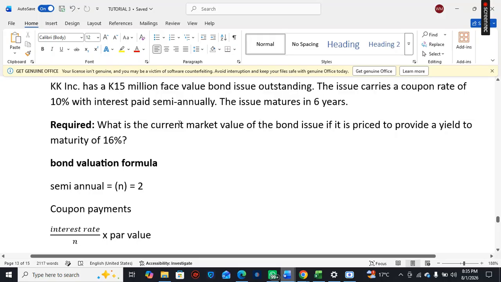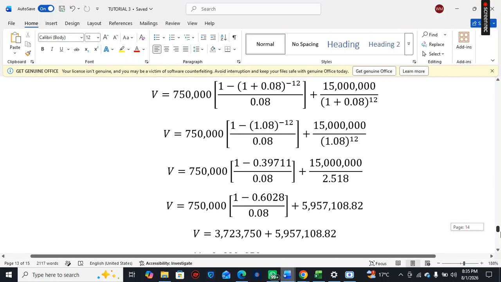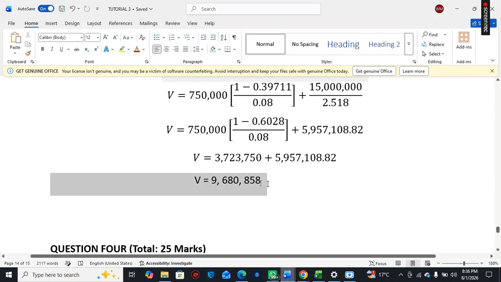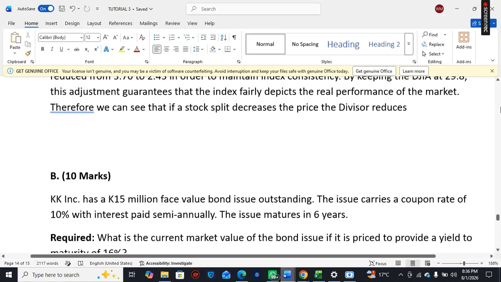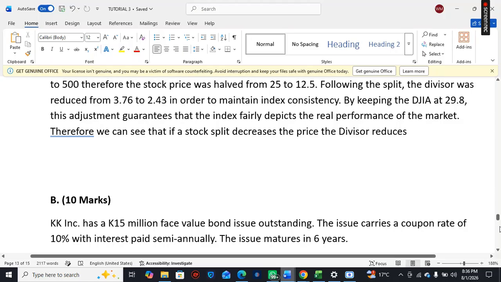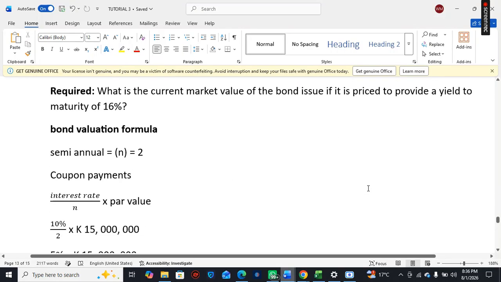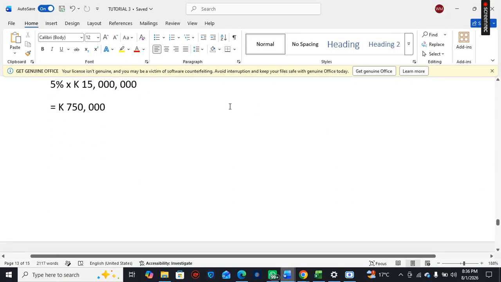Okay. And also remember, when you pay this 9,680,858 for 6 years, you'll be paid two times each year.